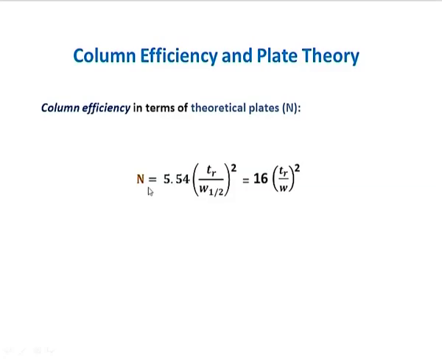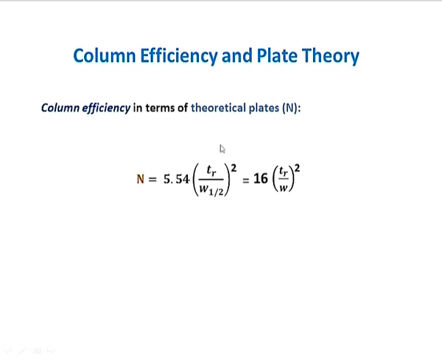So, this column efficiency in terms of theoretical plates N can be shown as N equal to 5.54 times (Tr upon W1/2) whole square, and this W1/2 is the same thing which I defined in the last slide. It is peak width at half the height.